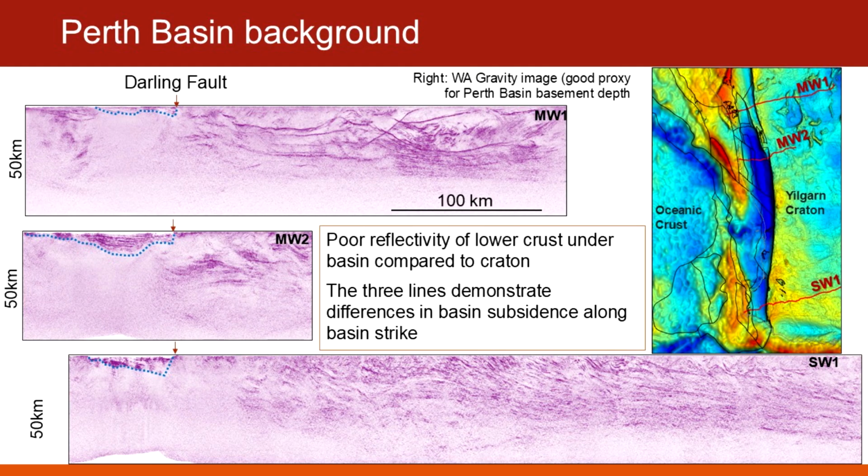On the right here, we have the gravity image, and at least in the onshore part of the basin, the gravity is a good proxy for the depth to the basement. We can see that nice big gravity low against the Darling Fault here, and centred where MW2 is, that corresponds with a nice deep basement.